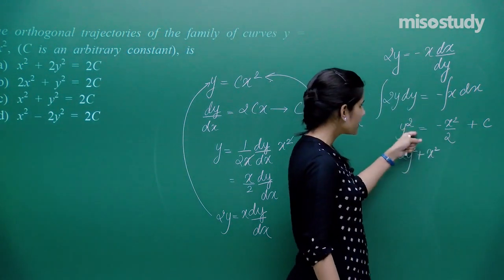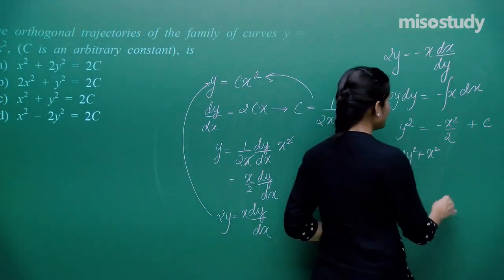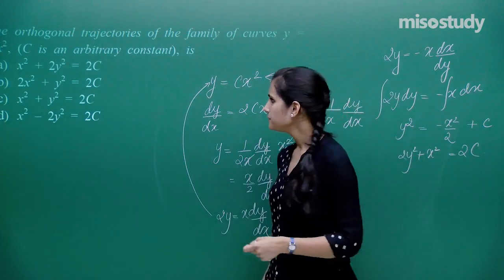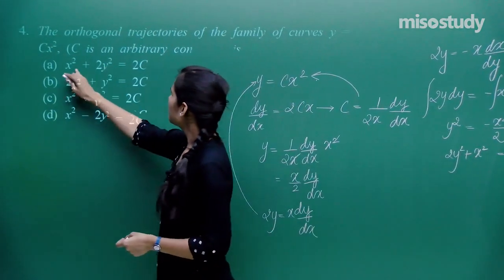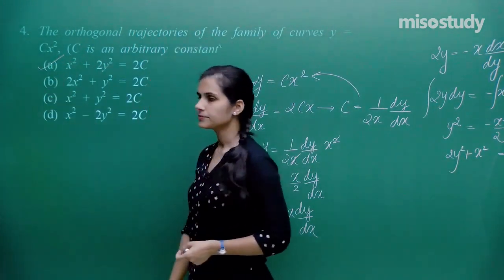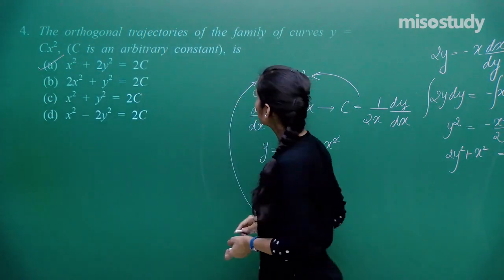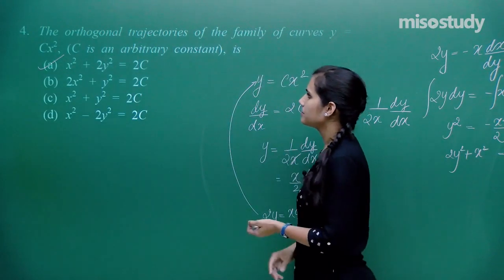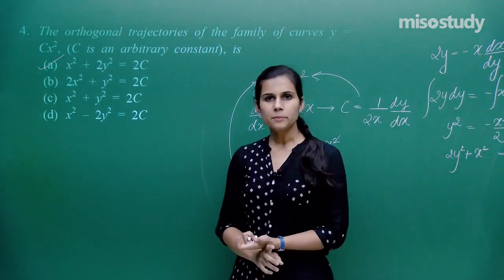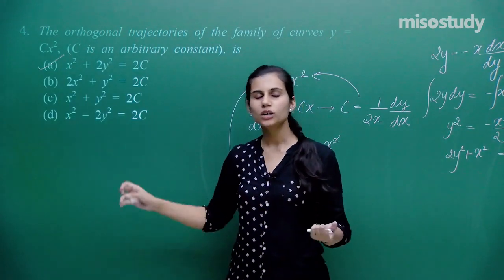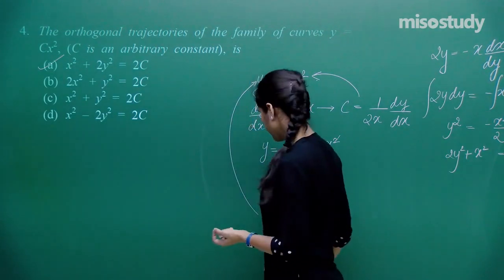Because I bring it over here, I get 2y square plus x square equals 2c. Let's see. 2y square plus x square equals 2c. This is the very equation for the orthogonal trajectories of the family of curves represented by y equals cx square. Simple algorithm, I just applied the algorithm and got my answer. So if the algorithm is not clear to you, you won't be able to accomplish the result.